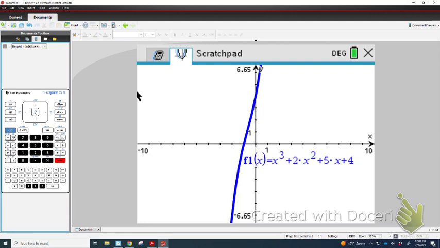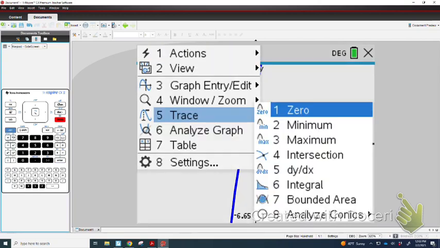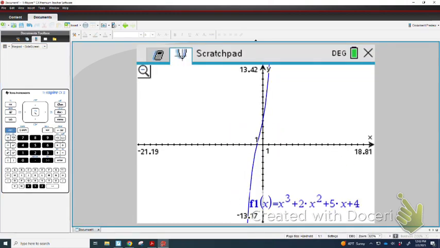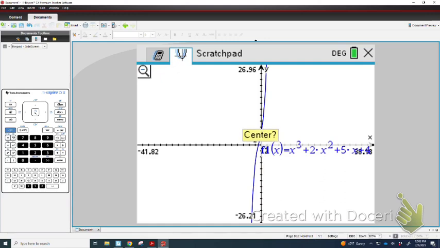And I know it has one zero at -1, and that's it. If you're worried, maybe it does something outside of our window, maybe zoom out. But yeah, it just hits at -1.